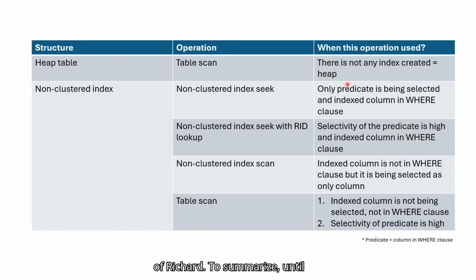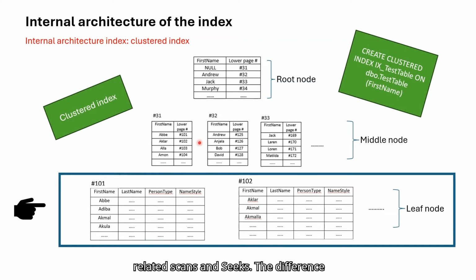To summarize, until now we looked at scan and seek operations when there are no non-clustered indexes. Let's now focus on clustered index related scans and seeks. The difference between a non-clustered index and a clustered index is that in a non-clustered index, as you might remember, a pointer to the actual data, called the RID, is stored at the leaf level, right?